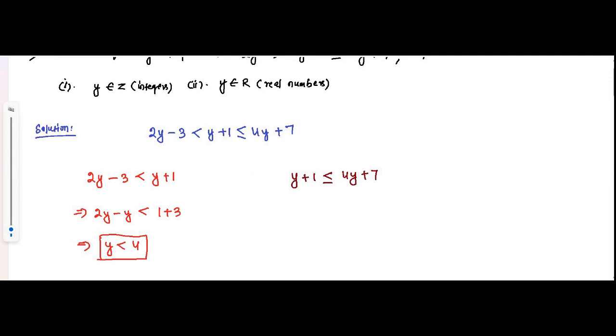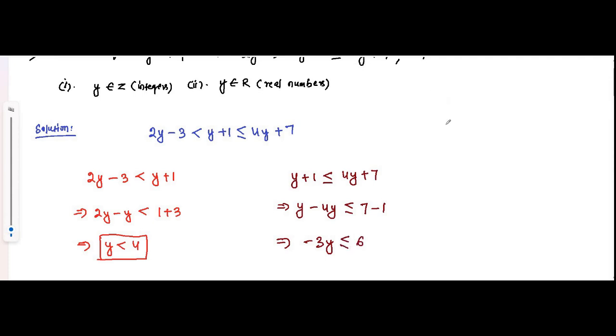Then the second part, here we'll take this 4y to the LHS side, it will become y minus 4y is lesser than or equal to this 1 to the RHS side will become minus, 7 minus 1. That implies minus 3y is lesser than or equal to 6.